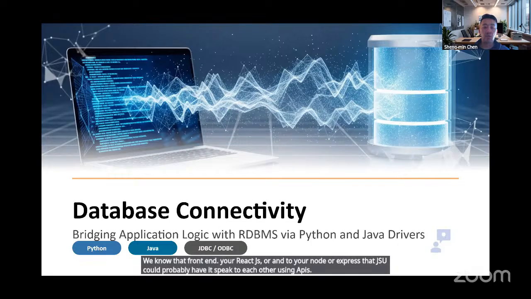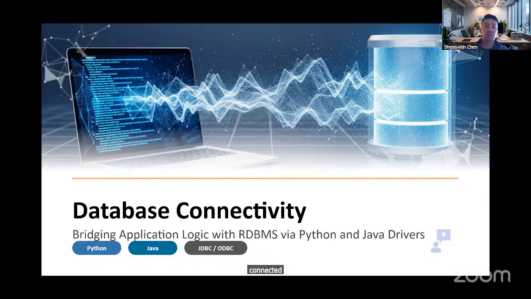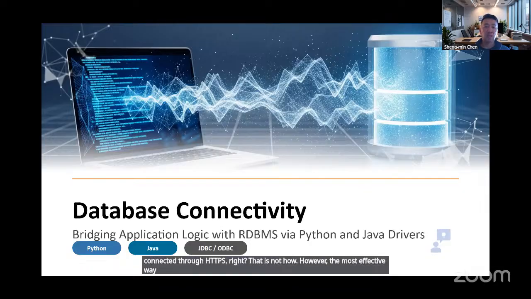But APIs are connected through HTTPS, and that is not the most effective way for database connections with your app. All the way to the back end, TCP/IP is normally used.